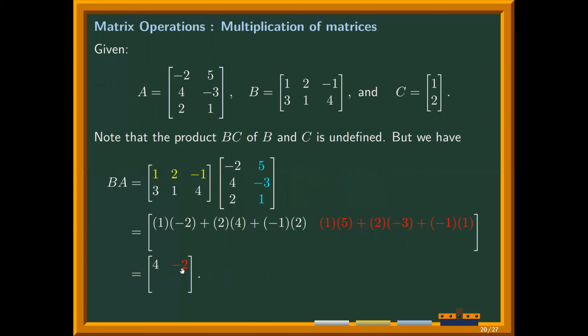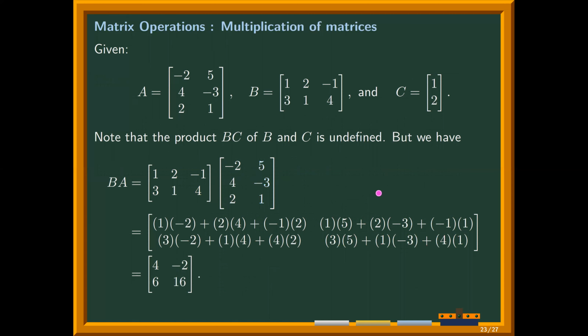If you want the 1,2 entry in BA, we take the first row of B and second column of A, then multiply respective entries and add the results to get negative 2. And the rest of the entries are obtained in a similar fashion. So BA is the 2 by 2 matrix with entries 4, negative 2, 6, 16.